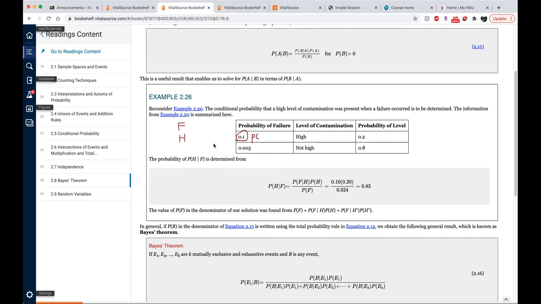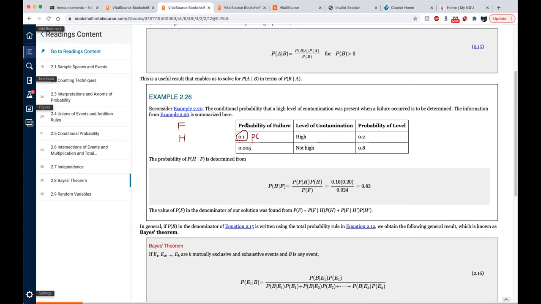So what's F? F is an event. What's an event? An event is a subset of the sample space, the set of all the outcomes we are interested in, here the set of all parts which are defective.